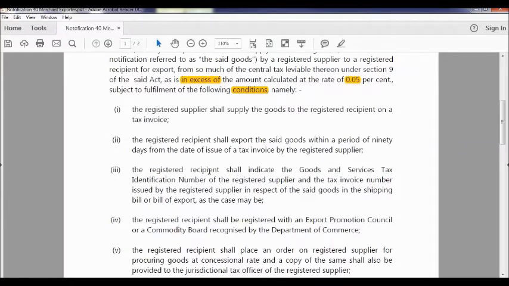The registered recipient shall indicate the GST number of the registered supplier and the tax invoice number issued by the registered supplier in respect of the said goods in the shipping bill or bill of entry, as the case may be. The registered recipient, or the merchant exporter, shall be registered with the Export Promotion Council or the Commodity Board recognized by the Department of Commerce.